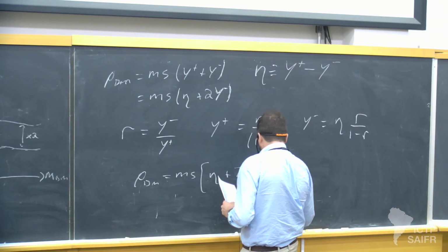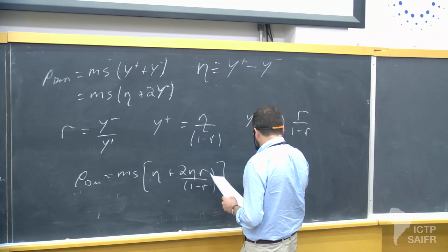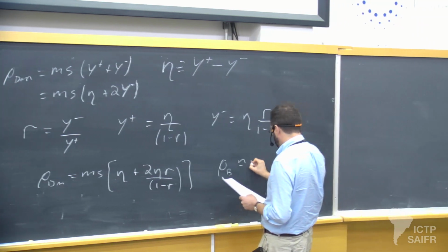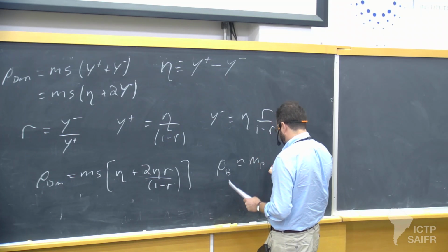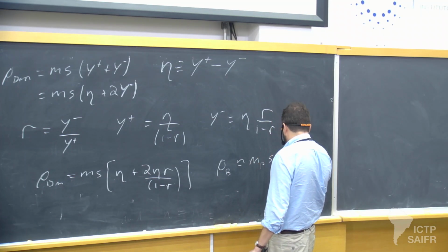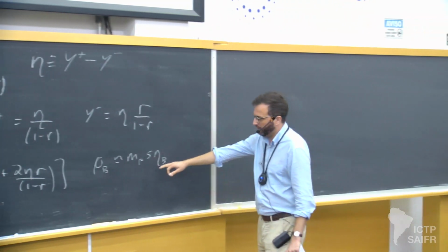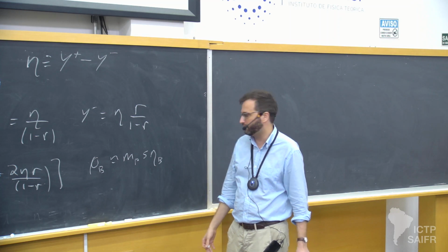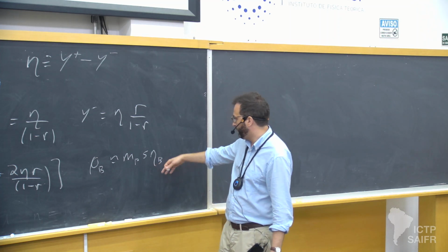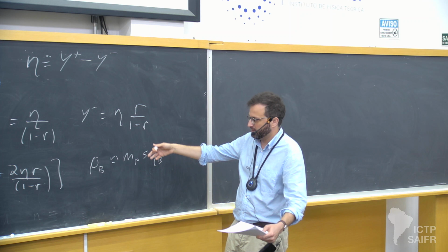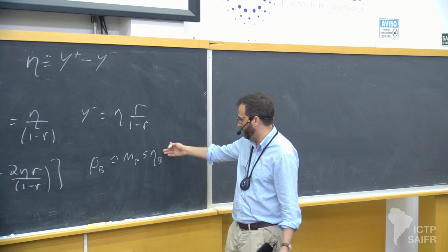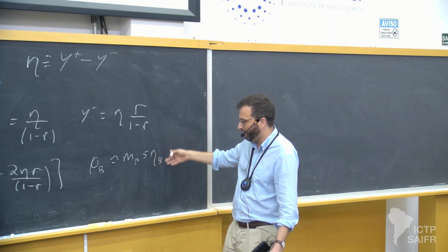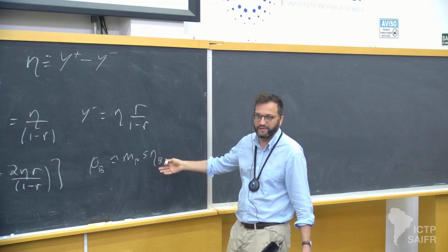Okay, and the baryon density is going to be given to a good approximation by the proton mass times eta B. So what happens in the baryonic sector is that there's a very large annihilation cross-section between nucleons and antinucleons. So basically, all the antibaryons disappear, and we're left with just the baryons, whose density is set by the asymmetry, right?